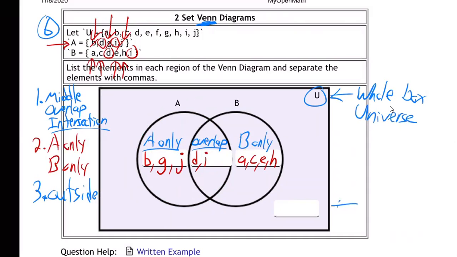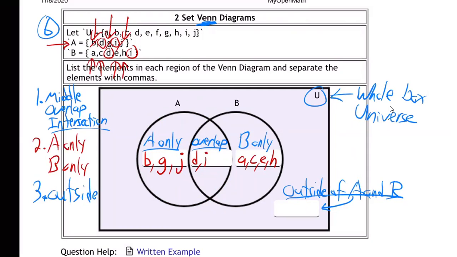So this right here is the outside. I'll put it right here. This is the outside of A and B, right? Outside of A and B, but still in the universe, right? What is outside of circles A and B, but still part of the universe?